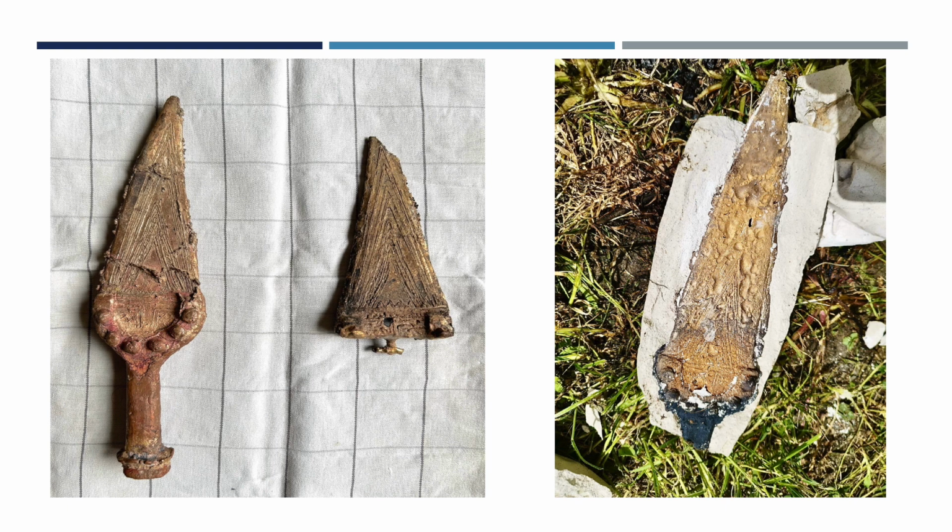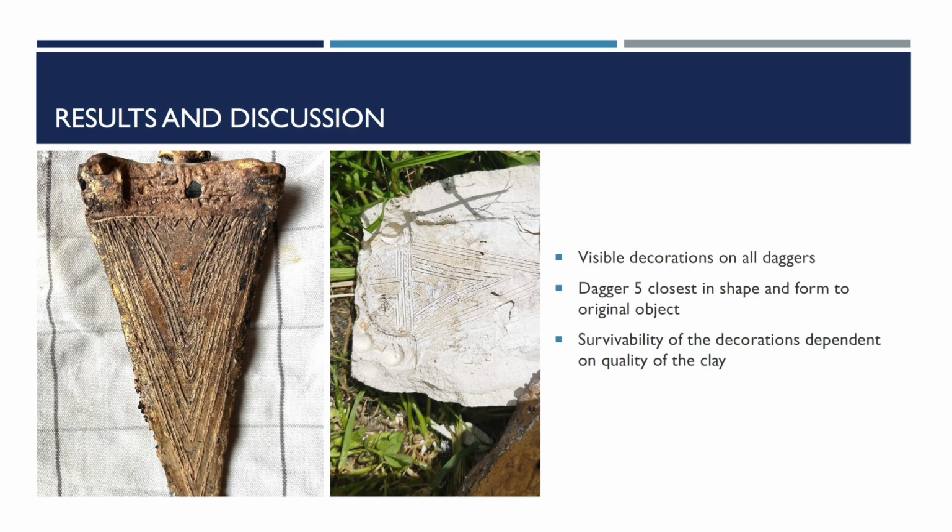But what decorations are visible on that dagger, as you can see, are very reminiscent of the original object, which I should say sort of indicates that, yes, it would have been possible to use the lost wax method to create this type of dagger. But the survivability of the decorations, both in the bronze and on the mold itself, sort of depends on the quality of the clay.